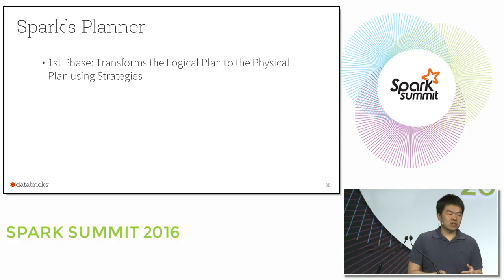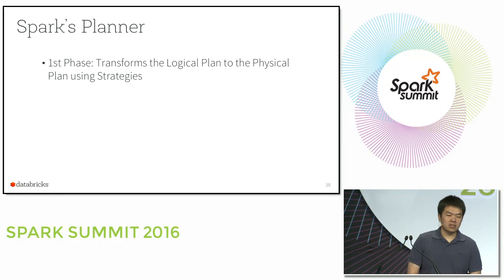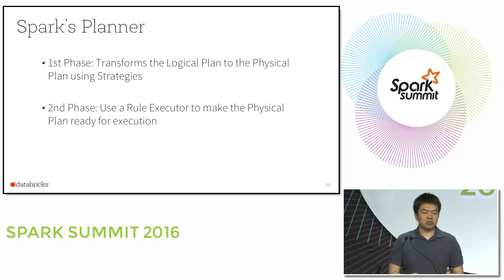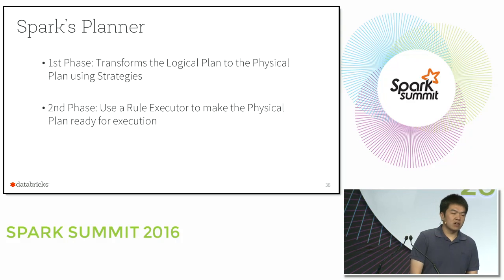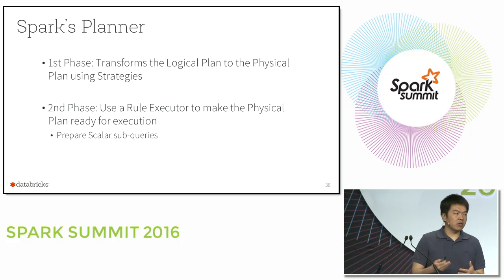Basically, Spark's planner is a 2-phase planner. In the first phase, it transforms the logical plan to the physical plan using different kinds of strategies. And after we get a physical plan tree, we will use the rule executor to make the physical plan ready for execution. In this phase, we basically do the following 3 things. First, we will prepare scalar subqueries.